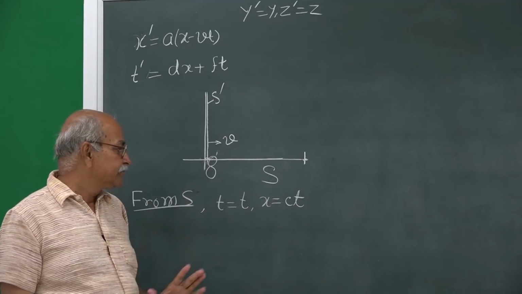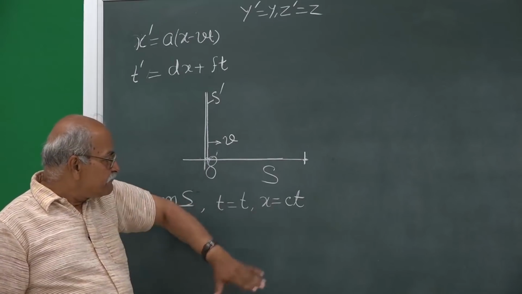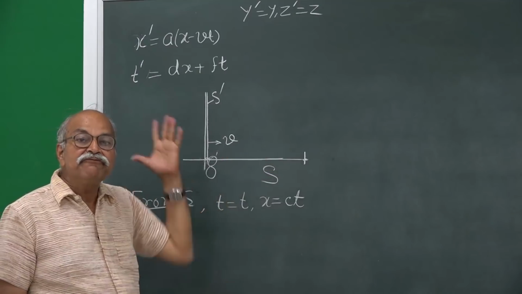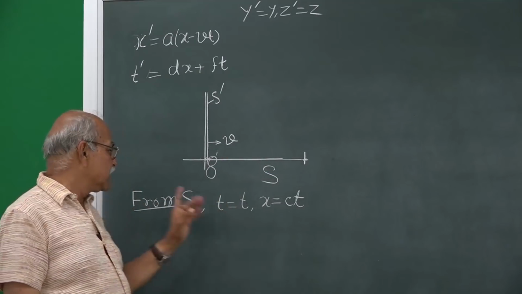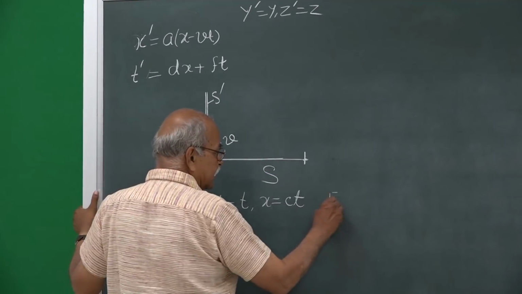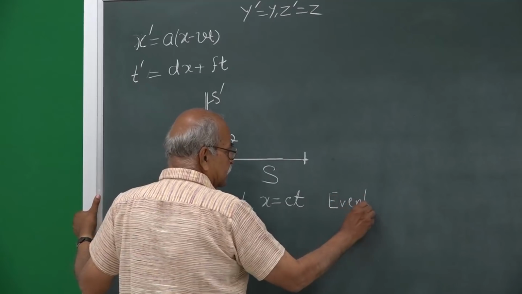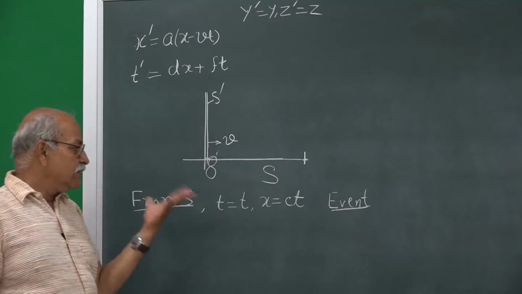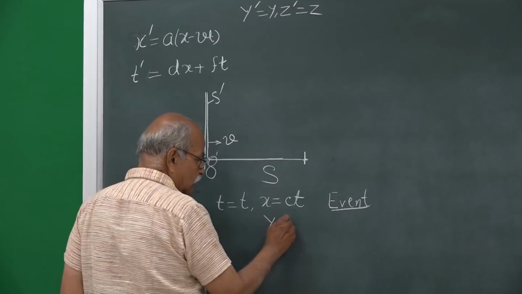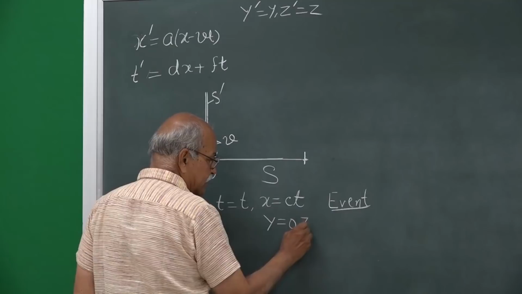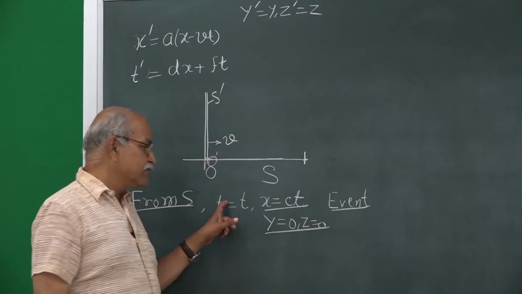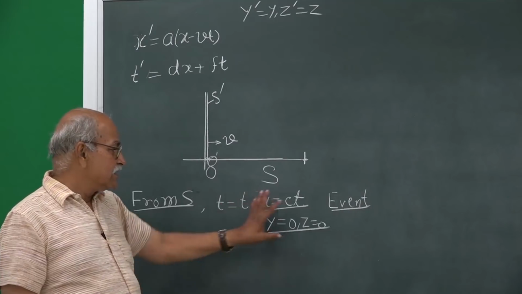So, this is it. Now, if I transform the same event to S prime frame, this is our event. When we say this is the coordinate and this is the time, we are giving the event. So, y is 0, z is 0. So, this gives where and this gives when. So, that is the event.